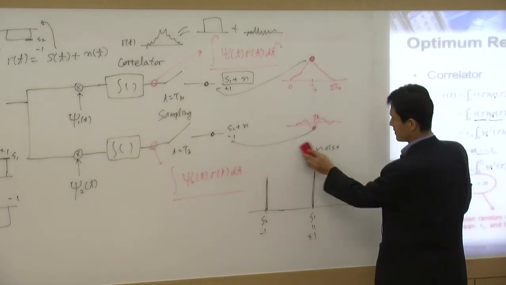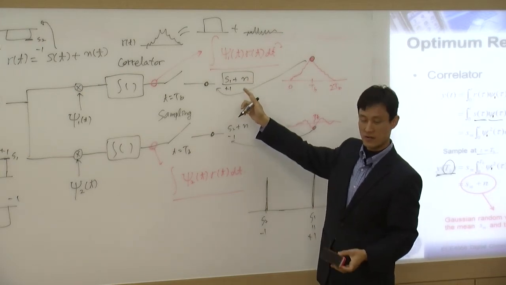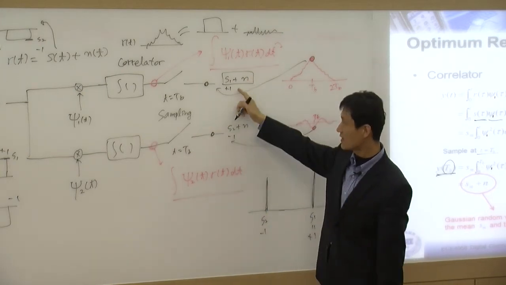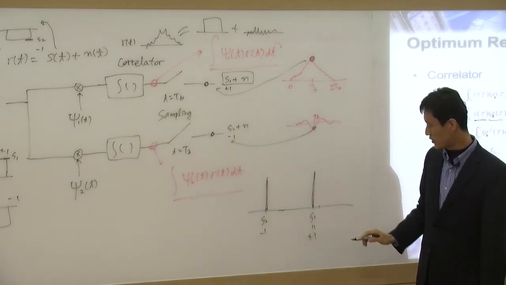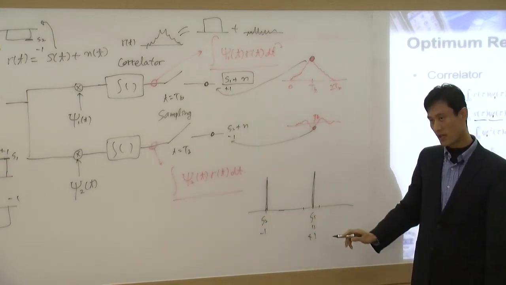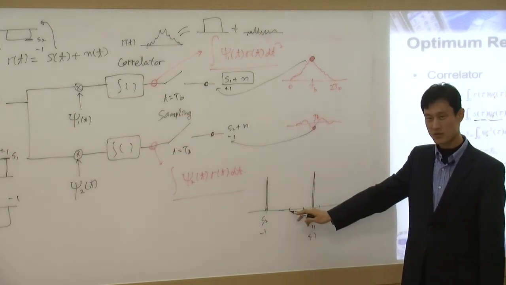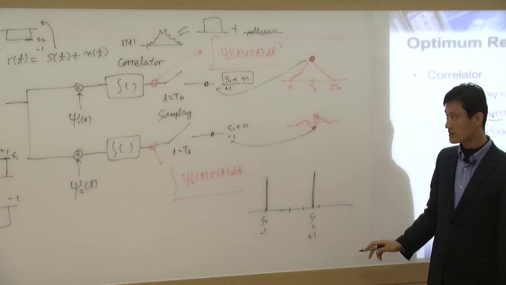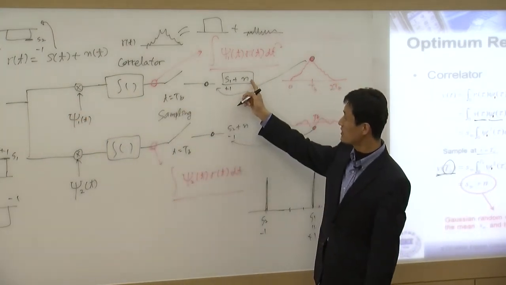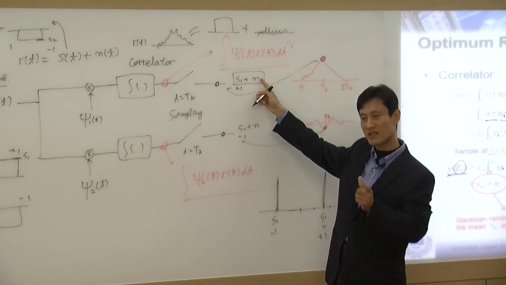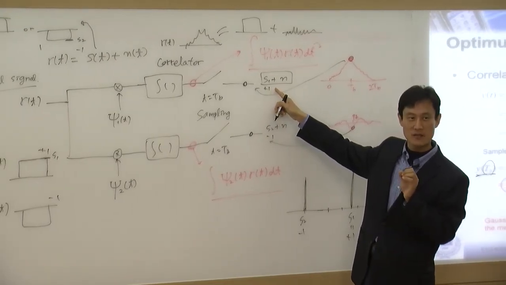But we have noise, right? So you are not going to get plus 1 all the time. Sometimes you get 1.2 or 0.8 or even 0.5 or even 0 sometimes. Let's say you transmit plus 1, but the noise is very big and negative. Then sometimes you get 0. That's possible, right?